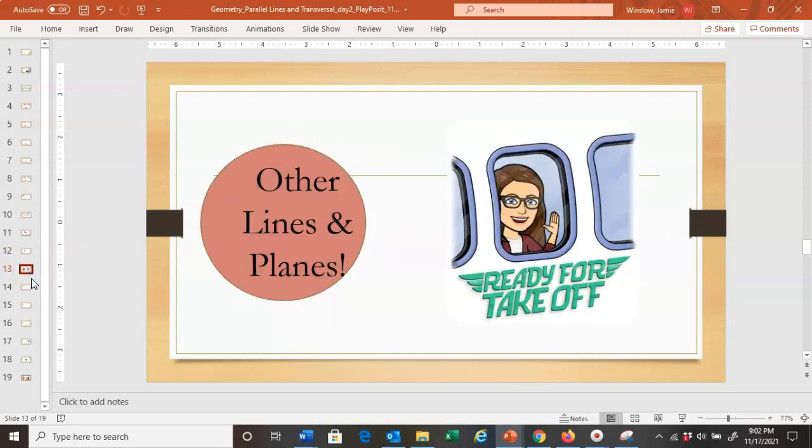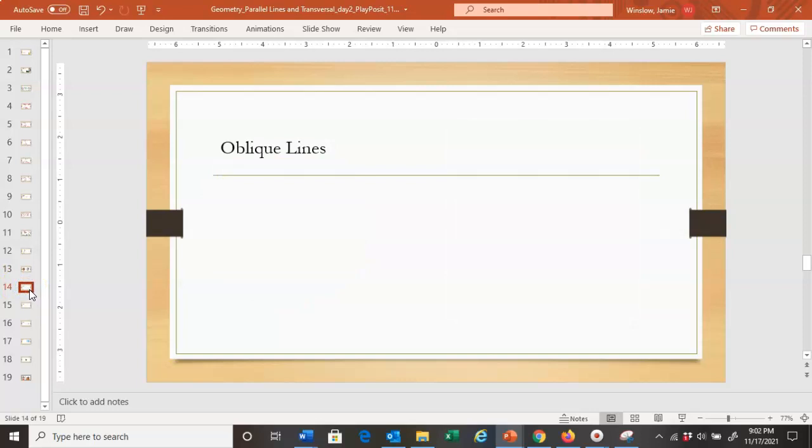Let's wrap this up with some other lines and planes. So we're going to talk about oblique lines. Oblique lines are lines that are not parallel and they are not perpendicular. So we've been talking about that a lot with slopes lately, where we say it's neither.